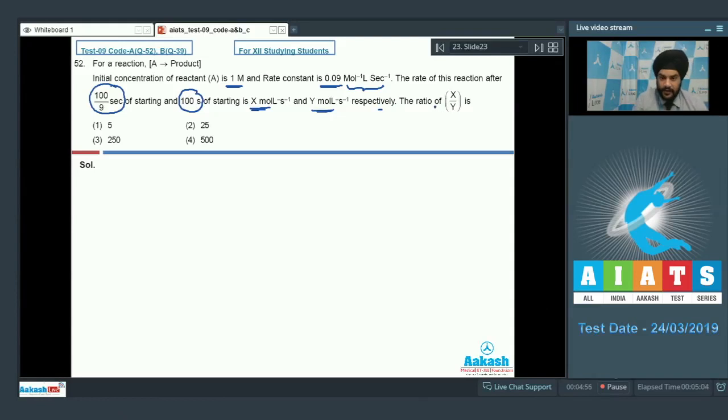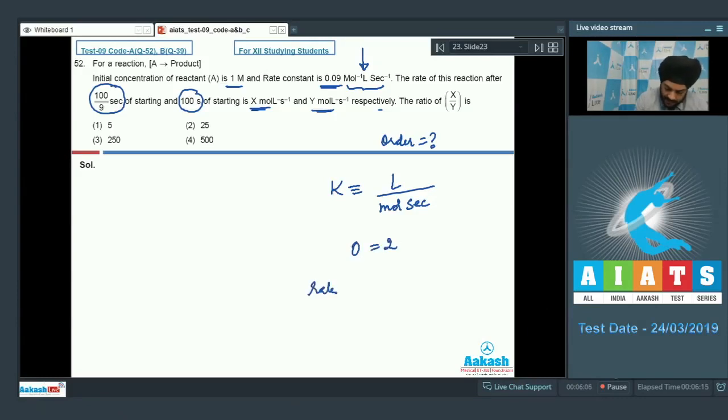So we have to comment on the value of X by Y. So if we talk about the reaction which is given to us, we need to figure out the order first. The order can be figured out by looking at the units of the rate constant K. So the rate constant K has units of liter per mole per second. So it must mean that the order is equal to 2.